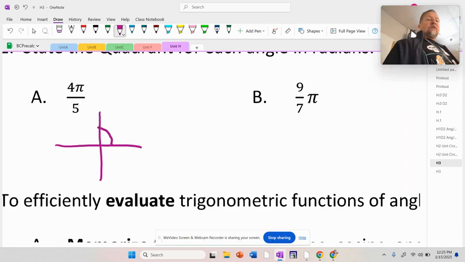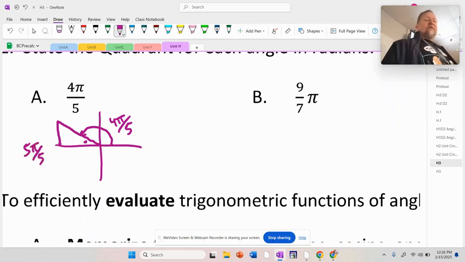It's very close to pi. Why? Because what's pi? 5 pi over 5. So then what's this angle measure right there? What does that measure in radians? If this is 5 pi over 5 and this is 4 pi over 5, what's left over?